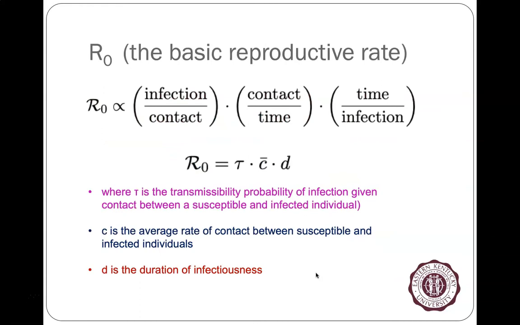One you're going to hear a lot about, and you've probably already heard a lot about, is the R naught. The R naught value, or the basic reproductive rate, on this particular virus demonstrates that it's still in the disease spread mode. R naught is a function of the transmissibility from one person to another, the average rate of contact between a susceptible person and an infected person, and how long the infectiousness lasts.